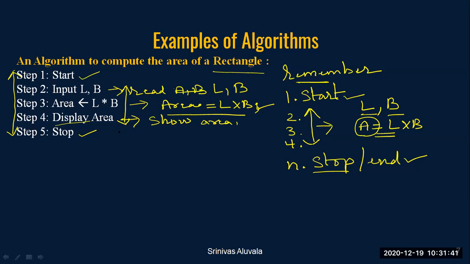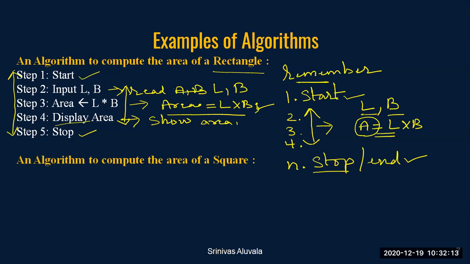That is the termination. Possessing all these properties, if we write a sequence of steps to get a solution to a problem, then we call it an algorithm. Without possessing those properties, even if we write n number of steps, it's not called an algorithm. So what is an algorithm? A sequence of steps written to get a solution to a problem, possessing the properties of the algorithm, we call it an algorithm.